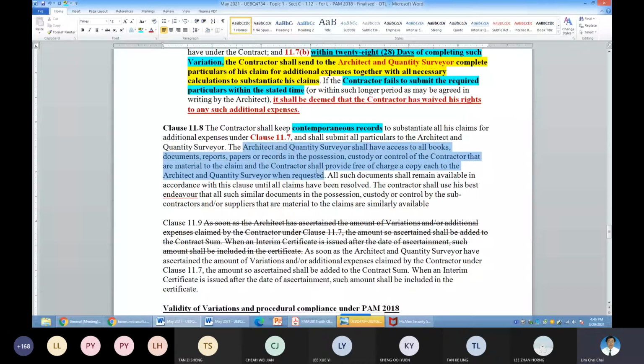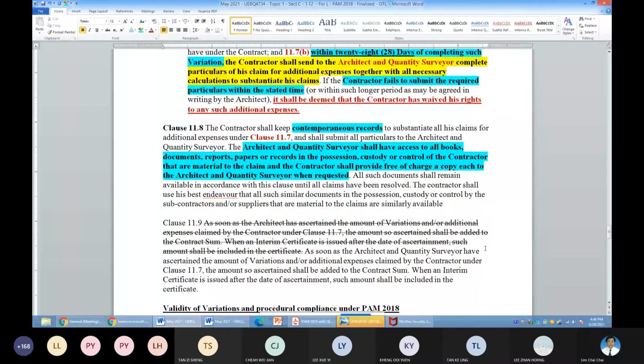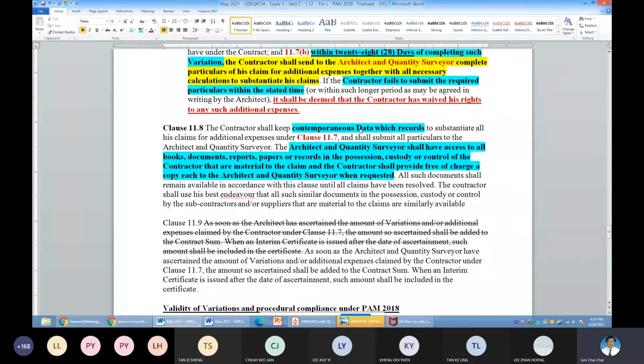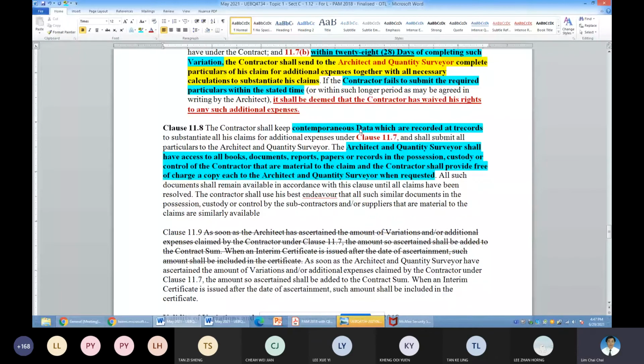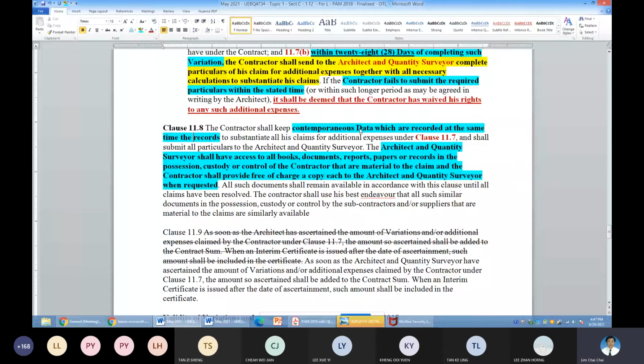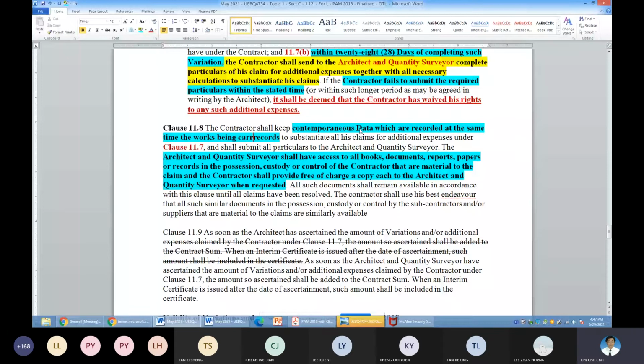Contemporaneous record means data which are recorded at the same time when the works carried out.